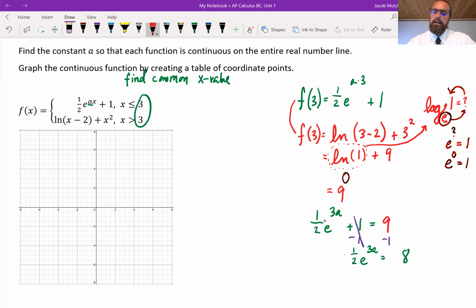So yeah, good. Let's attack the 1/2. So I'm going to multiply it by 2. 2 times 1/2 is 1. Multiply the other side by 2. So that becomes e to the power of 3a equals 16.